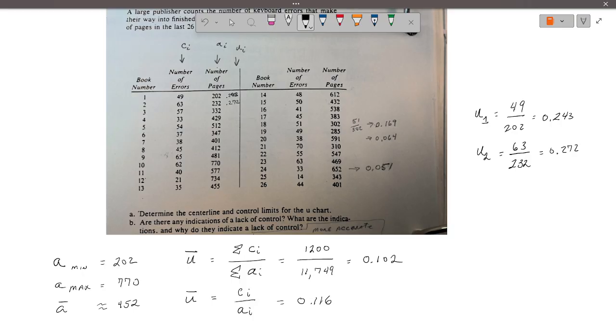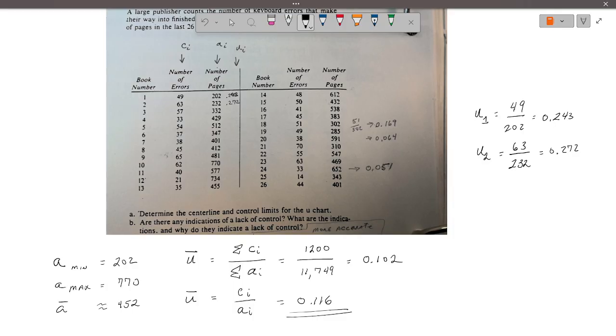Then I take all these U's and basically average them out, which will get us to 0.116. Okay? So there's going to be a little bit of deviation based on how you do this. So whichever one you feel the most comfortable with and think that's right.